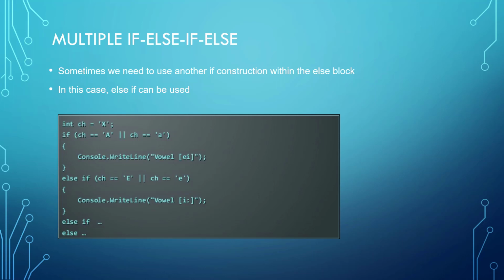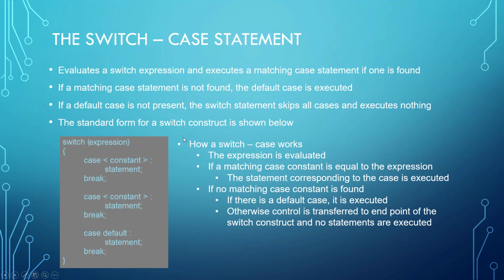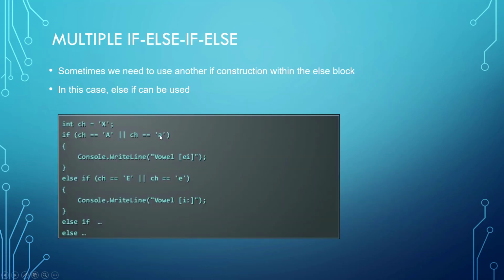So when these lines of code get executed, and when this conditional expression, this compound expression right here, gets evaluated, it's going to evaluate to false. So when that evaluates to false, it's going to skip this if statement.